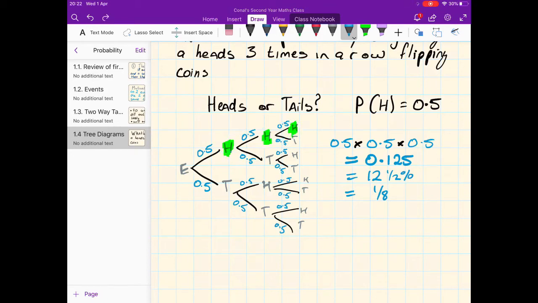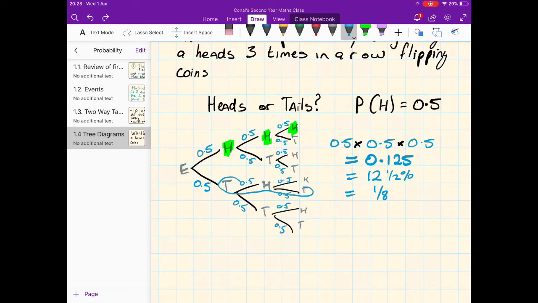So if we look at the total amount of outcomes that come out of this, well, here's one outcome, heads, heads, heads. Our next outcome we could look at would be heads, heads, tails. Then our next one we could look at would be heads, tails, heads. Our next outcome would be heads, tails, tails.